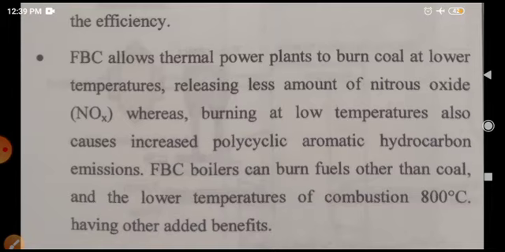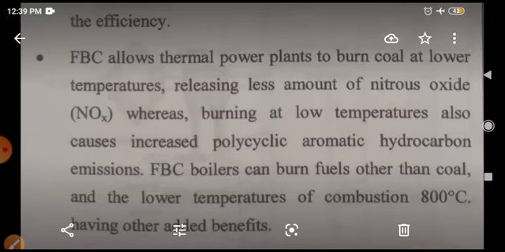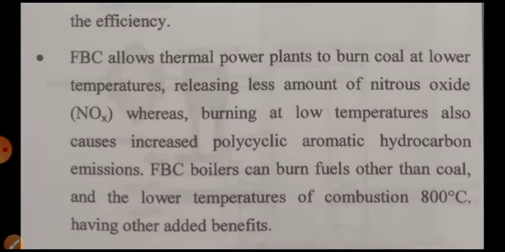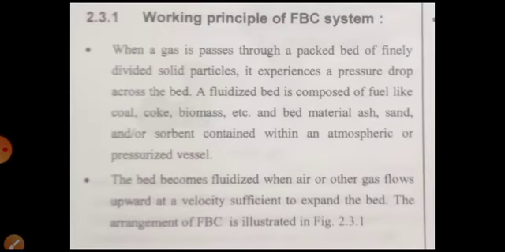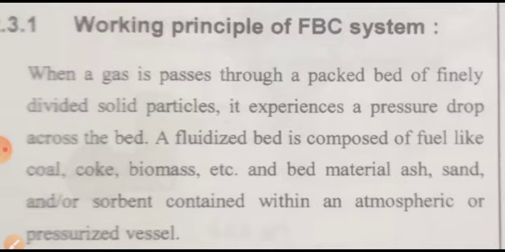Whereas burning at low temperature also causes increased polycyclic aromatic hydrocarbon emission. An FBC boiler can burn fuel other than coal, and the lower temperature of combustion, up to 800 degrees Celsius, has other added benefits. Now let's see the working principle of fluidized bed combustion.